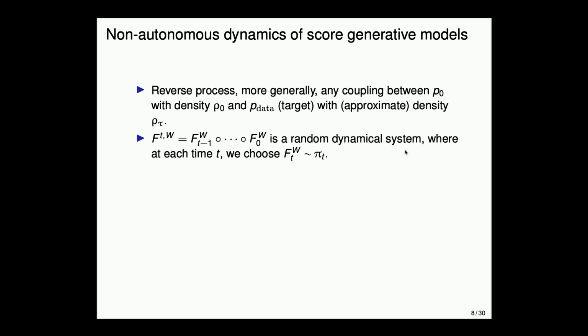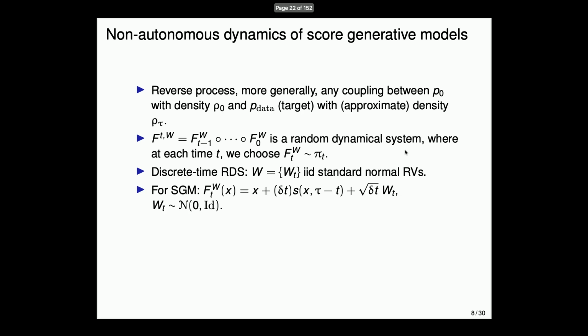So, what does this have to do with the vector field? You can simply think of this as the time integration of the vector field that we learned. For instance, for a score based generative model with the score s at x at tau minus t, this is the time discretized version. You can just take Euler-Maruyama; people do other fancy things, nobody does exactly this.